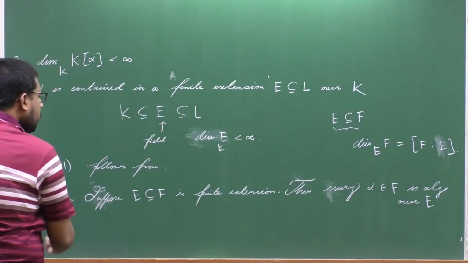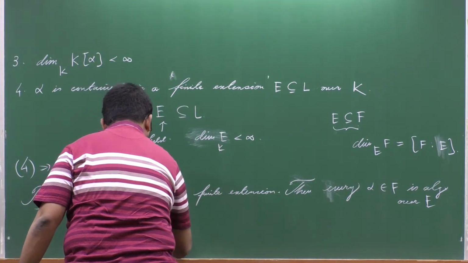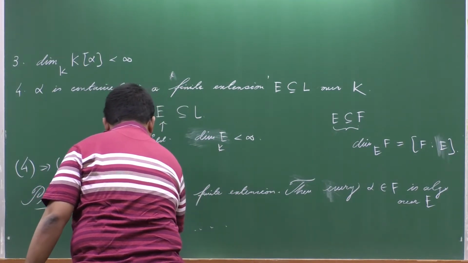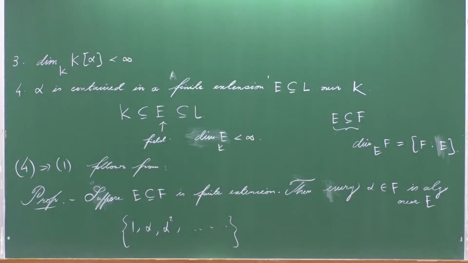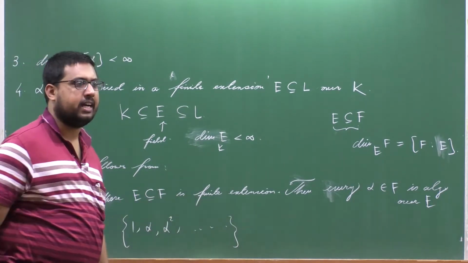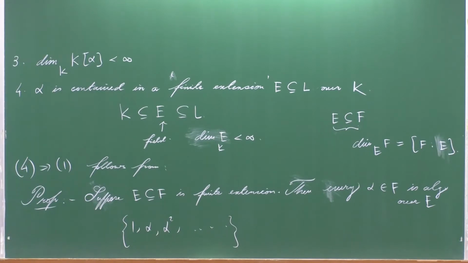Why is this true? The proof is very simple. Given alpha, we look at the set of all non-negative powers of alpha. Certainly this set cannot be linearly independent because the dimension of the vector space f over E is finite. So there will be a linear combination of the powers of alpha with coefficients coming from E which is 0, and that exactly yields the polynomial.